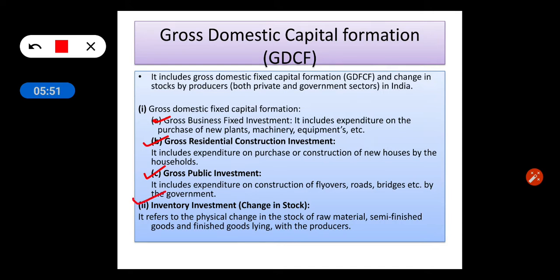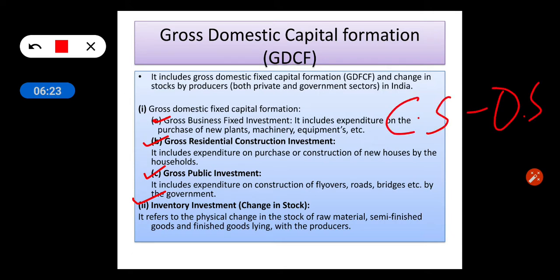Next, we have inventory investment or change in stock. What is this? This is an investment made on inventory stock, like purchase of raw material, purchase of semi-finished goods. So expenditure incurred on inventory stock is your inventory investment, and it is your change in stock. We know that the formula of change in stock is equal to closing stock minus opening stock, right?